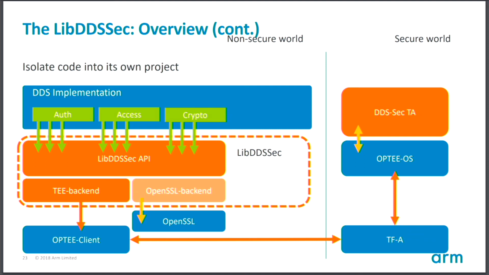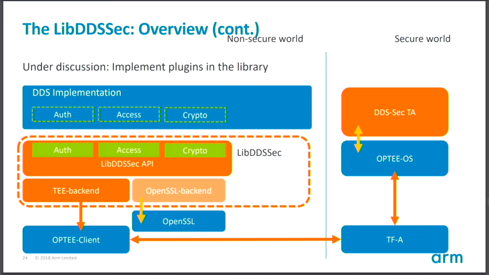But there's still a problem with this topology, which is these green arrows. They are still very specific to one implementation. There is a chance that the library doesn't expose enough APIs for a different implementation. So what we are still discussing at this moment is doing something like this, which is to move all the plugins actually into the library, because the DDS specification does have some level of description of how these plugins need to look.